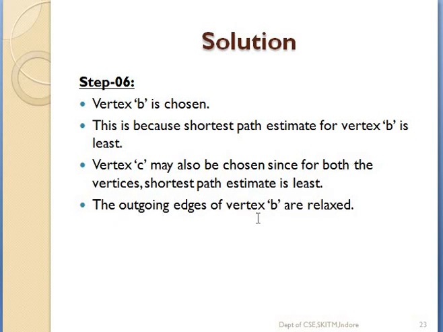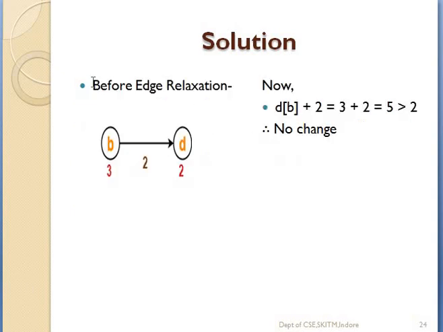The outgoing edges of vertex B are relaxed. Before the edge relaxation, the cost involved to D is 3, initially it is 2. If we sum 3 plus 2, that is 5, so there is no change.